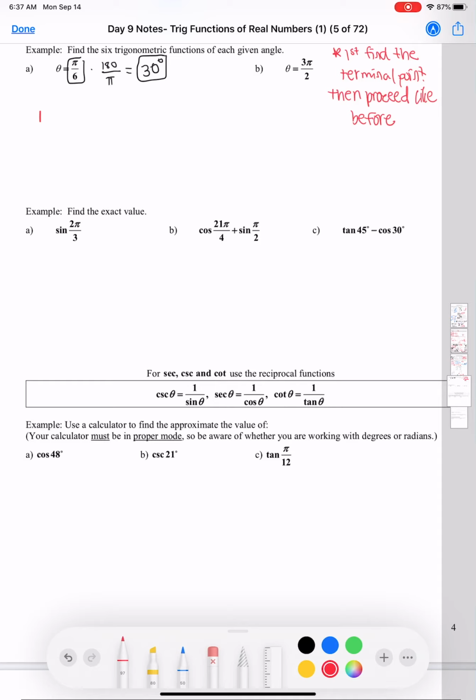Okay, so pi over 6, if you are looking at your unit circle, you will see that pi over 6 is going to lie, draw that.